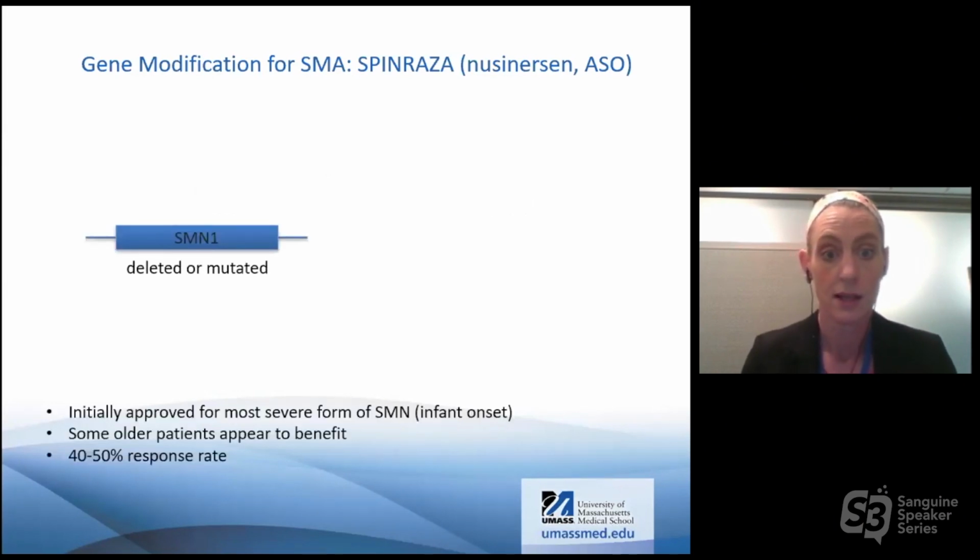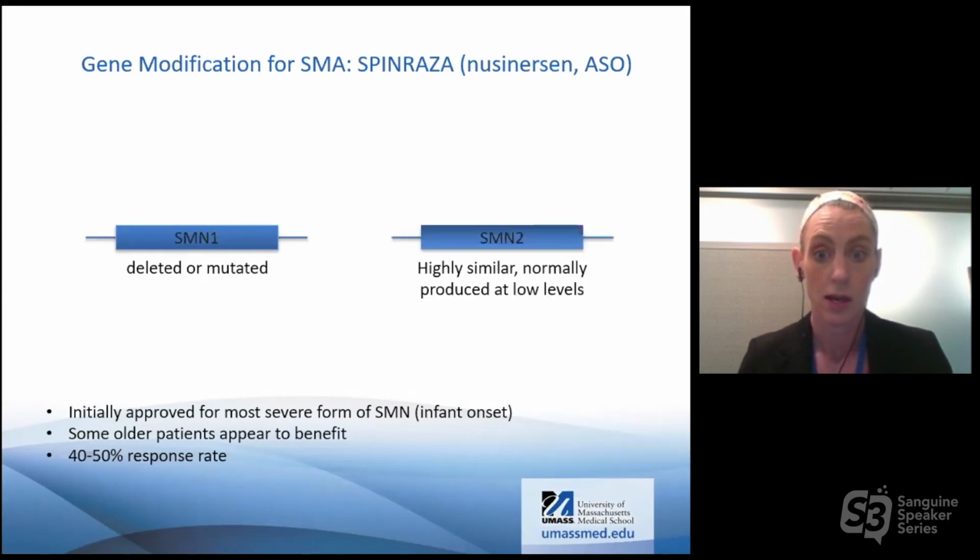But what it did is, in the case of SMA, the problem is this deleted or mutated SMN1 gene. And then there's also an SMN2 gene, which is very, very similar to SMN1.